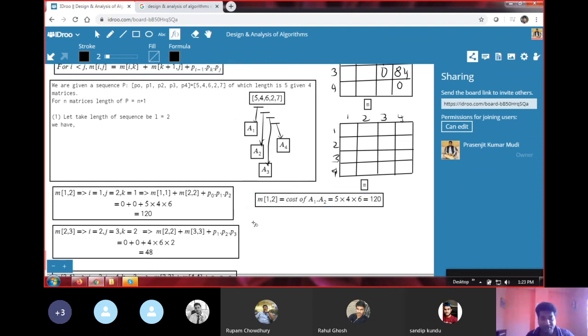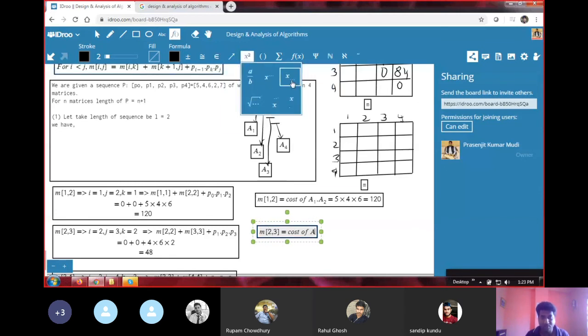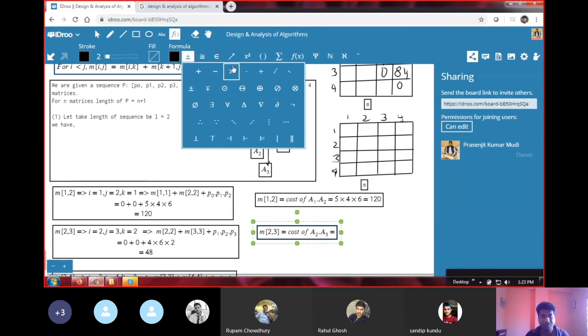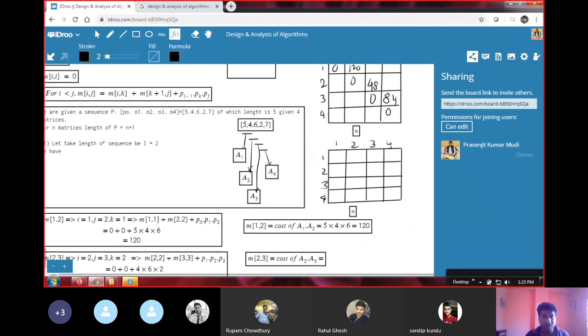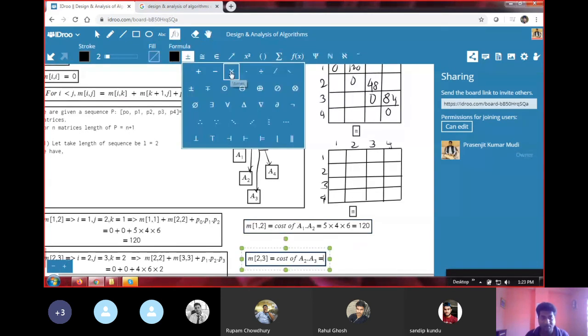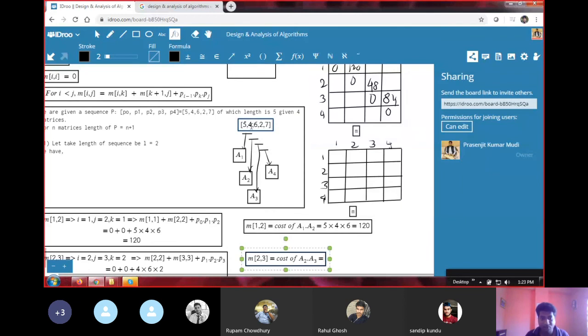Similarly, we can also verify this result M23, which is the cost of A2 multiplied by A3. As per the picture, can you see that picture? Okay, right. So as per the picture, A2 is 4 cross 6, A3 is 6 cross 2, so 4, 6, 2.